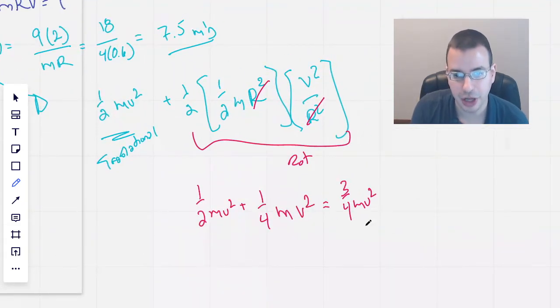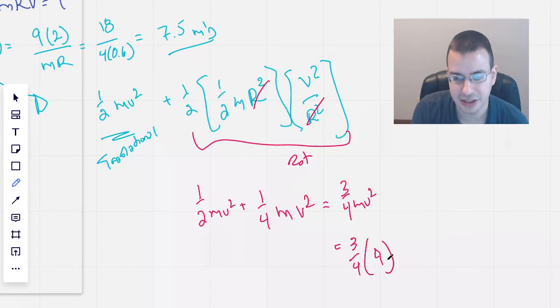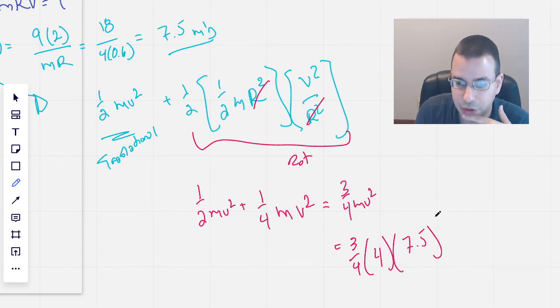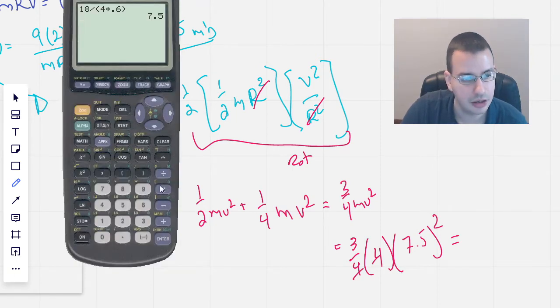Okay, so actually solving this, we have 3/4, mass is 4, and velocity is 7.5, but we're going to square that. The 4's will cancel, and we are left with a calculator. Square the answer, times 3.